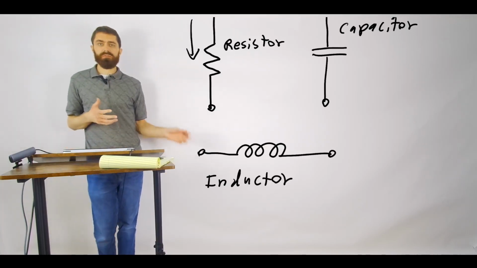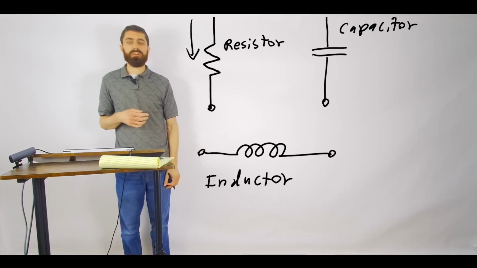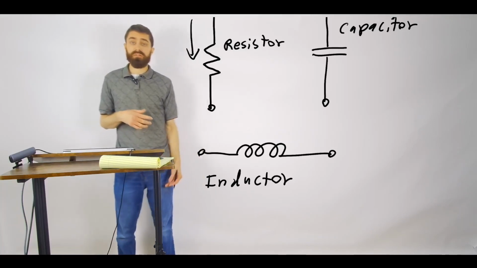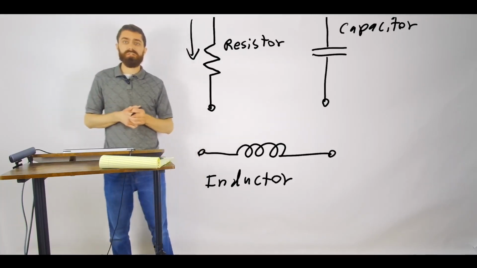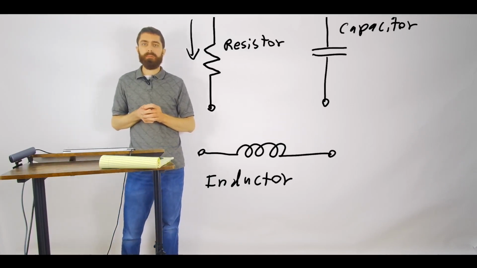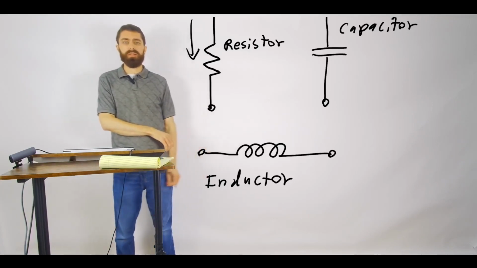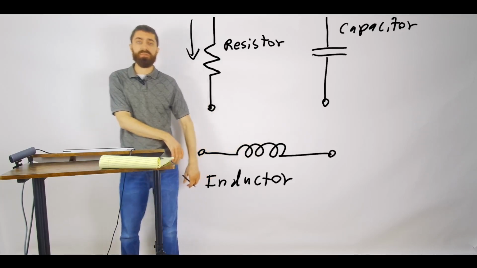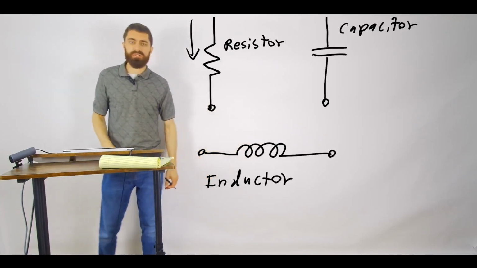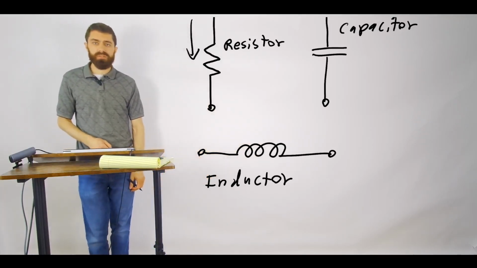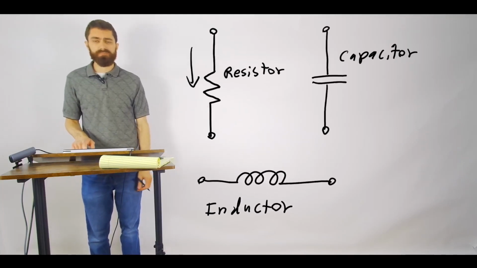And these are useful for all sorts of things. They're used to filter certain electrical signals and things like that. But we will talk more about that and the uses. For now, you can know that that's the symbol. But we won't be dealing with inductors until later in this course.